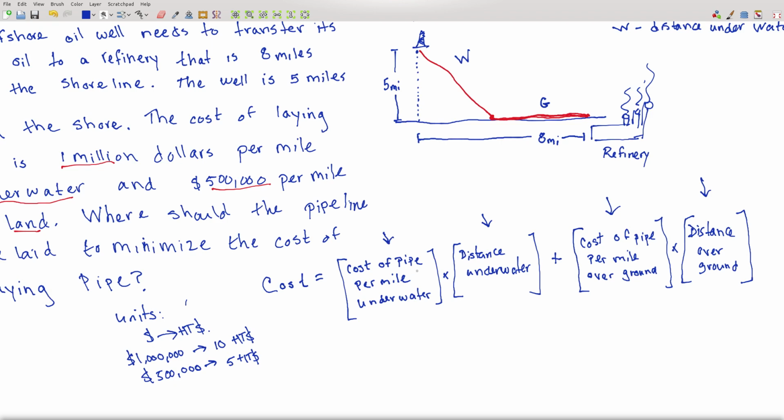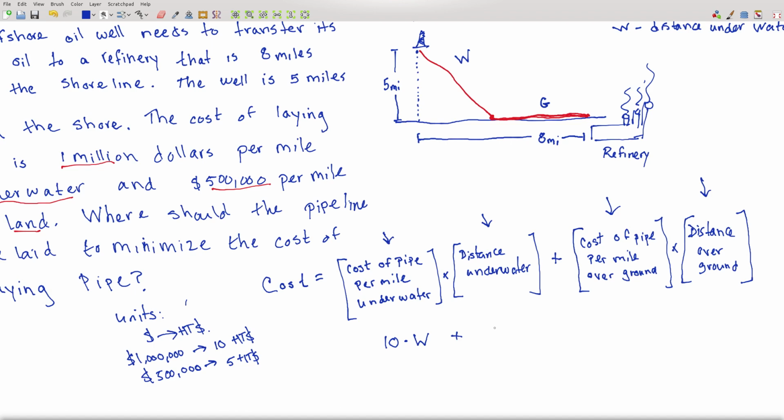Okay, so the cost of pipe per mile underwater is, well, that was $1 million, which is 10 in units of $100,000, times the distance underwater. We have a symbol for that now. The distance underwater is W, plus the cost of pipe per mile over ground, right?